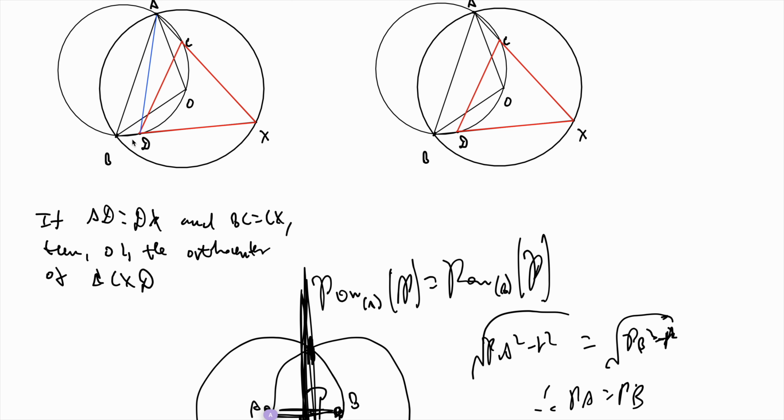If AD equals DX, that means D is also on the radical axis, and because the radical axis is a straight line, we can conclude that this line is the radical axis of 2 circles, which we didn't draw here, based on points A and X. So DO and AX are perpendicular to each other.